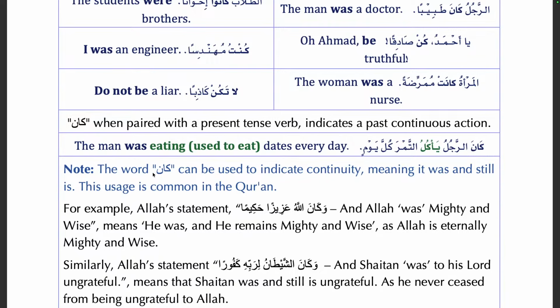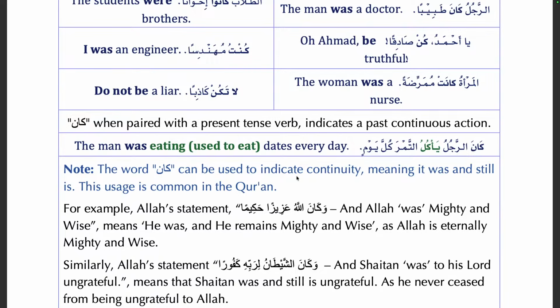Note, the word kana can be used to indicate continuity, meaning, right? Here we're dealing with kana. We're not dealing with the past tense form of the verb, right? So remember, kana means what?